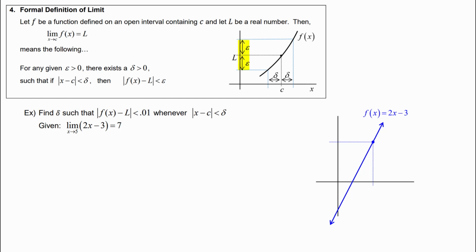For any given positive number epsilon, there exists a positive number delta such that whenever the distance of x and c is less than delta, then the distance of f of x and L is less than epsilon.